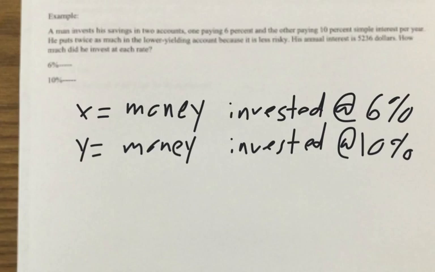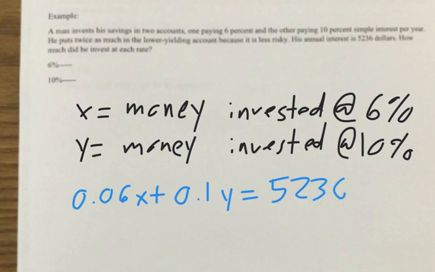Does anybody have an equation they think would work? 0.06x plus 0.1y equals 52.36. That is the first one. Because X represents what?